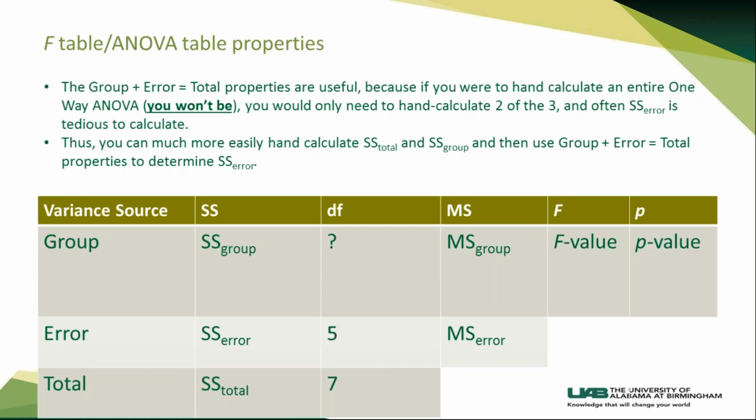Especially sums of square error. That one's the most tedious to calculate. So if you did have to hand calculate it, everyone pretty much chooses to hand calculate sums of squares total and sums of squares group, and then use those properties to fill in sums of square error. So it's a time-saving measure. But again, understand those properties, but understand you won't have to hand calculate an ANOVA from scratch.